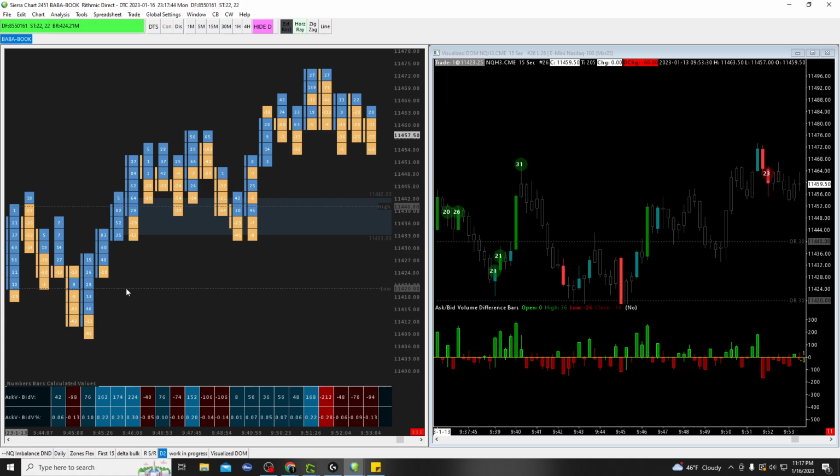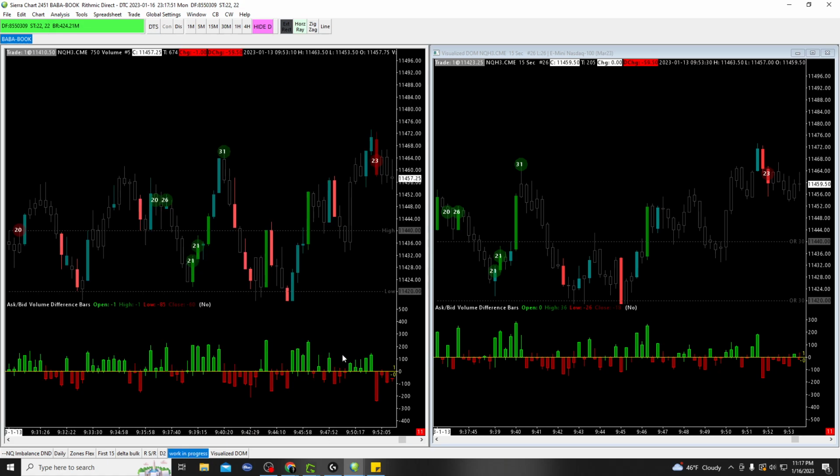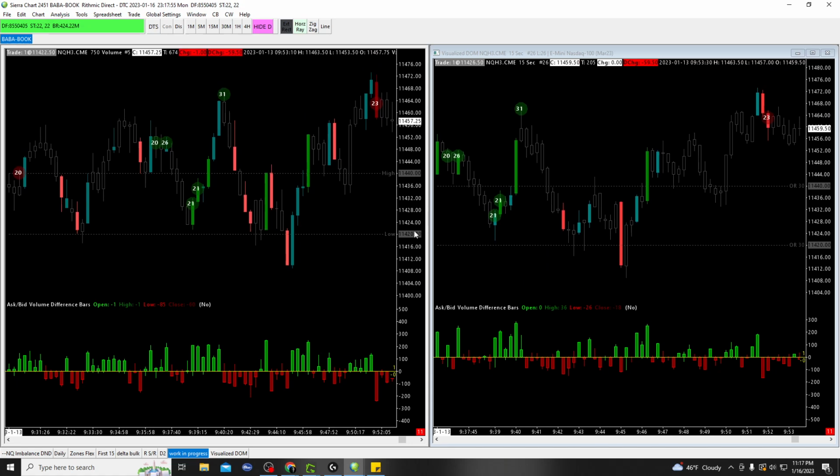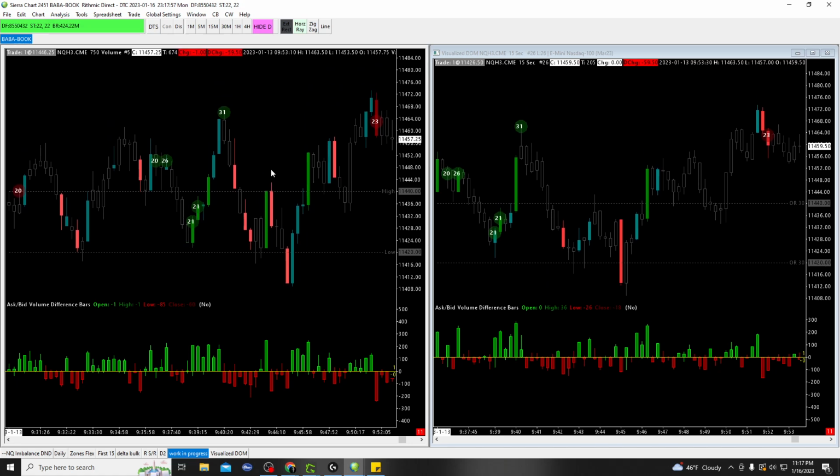So you can use a footprint chart like that, you can use this, you can use other indicators. This chart's labeled work in progress because I've been playing around with some stuff on it that I currently have hidden. But those are all the ways you can see delta.